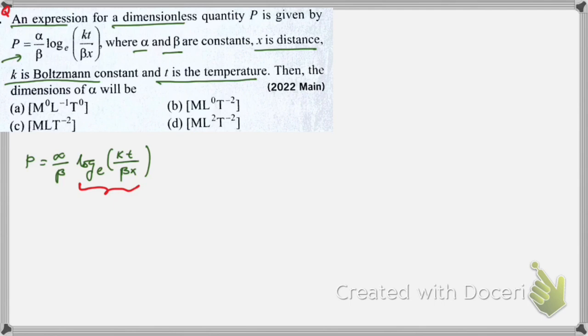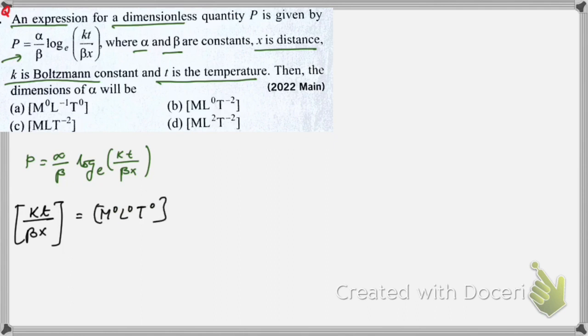Now if this is dimensionless, then this part must also be dimensionless, right? So this kt by b of x, beta x, must also be dimensionless, M to the power 0, L to the power 0, T to the power 0.